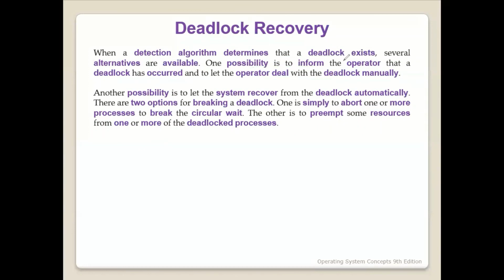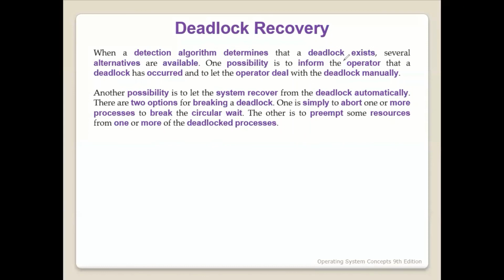So the algorithm checks the current state of the system and it tells whether deadlock occurs or not. If deadlock has not occurred, that's fine, no problem. We don't have any issues. But if there is a deadlock, how do we handle it, how do we recover? There is an algorithm to recover, but there are two options.